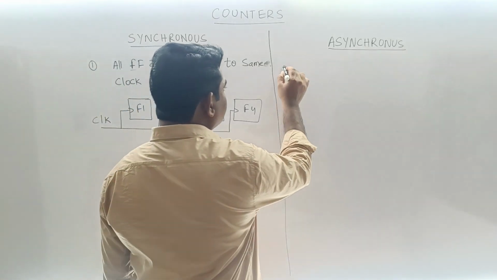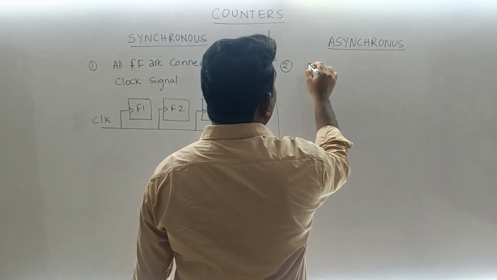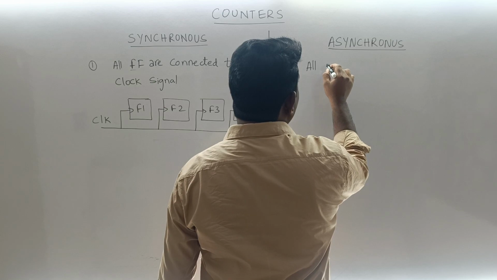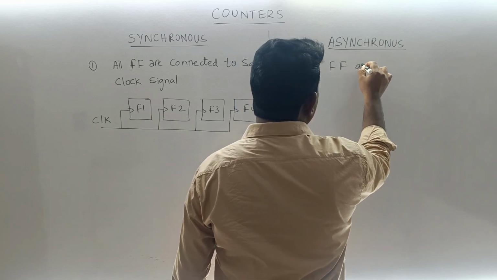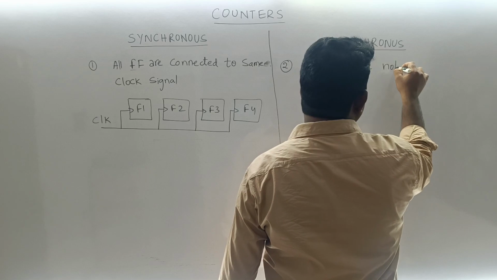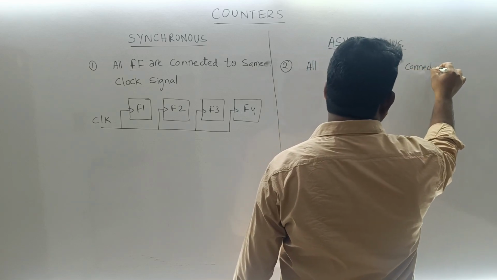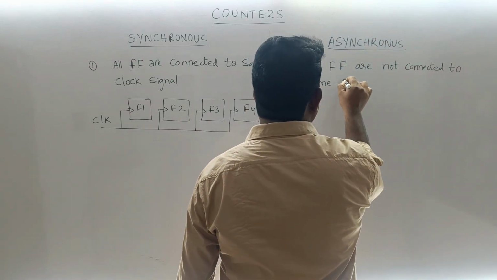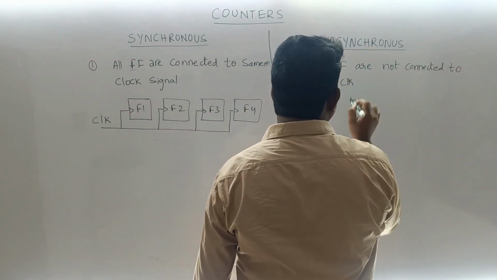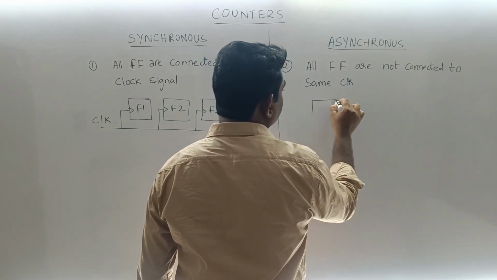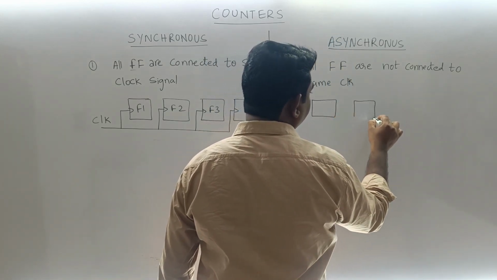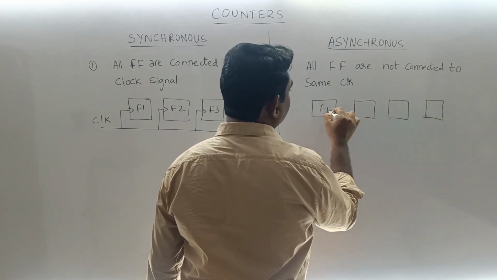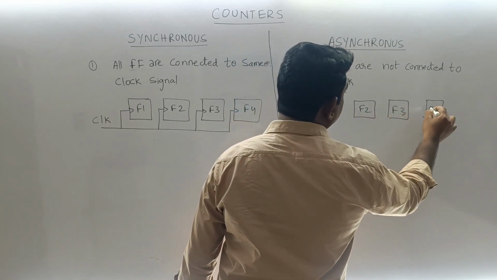And now the asynchronous counter. Here all flip-flops are not connected to the same clock, which means here this is the first flip-flop, second flip-flop, third one, and fourth one, F1, F2, F3, and F4.